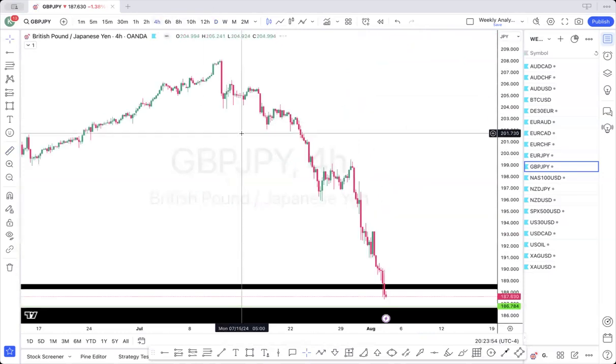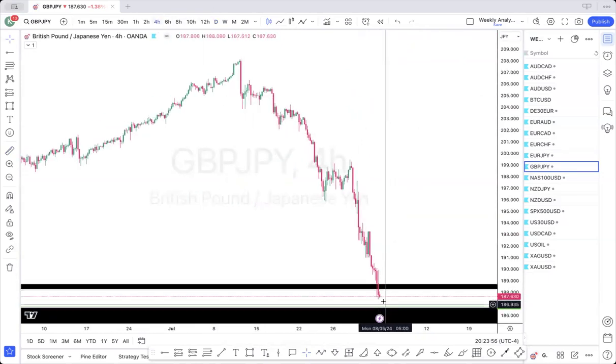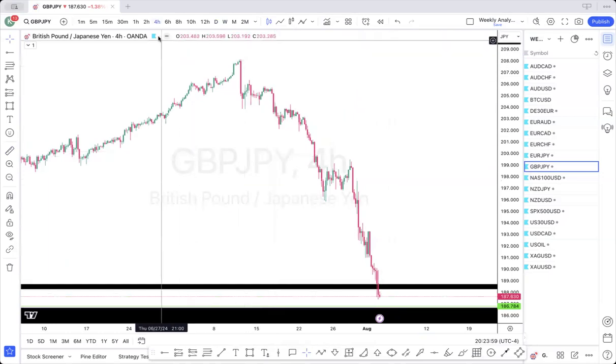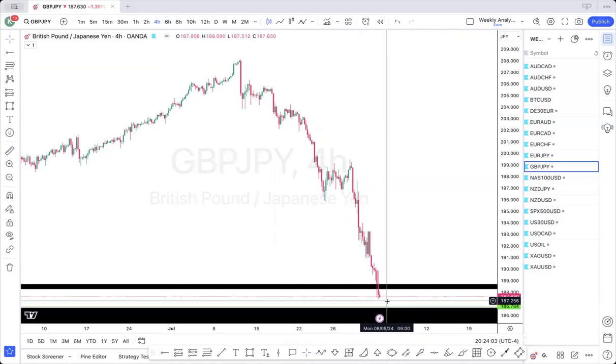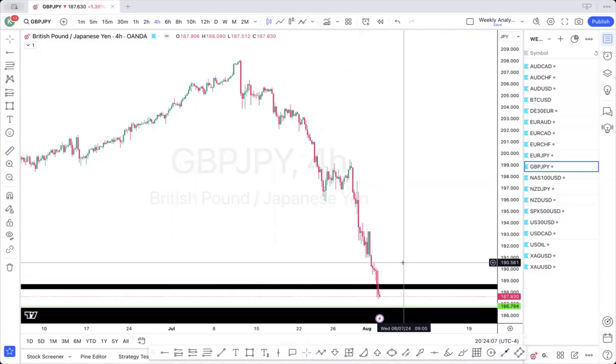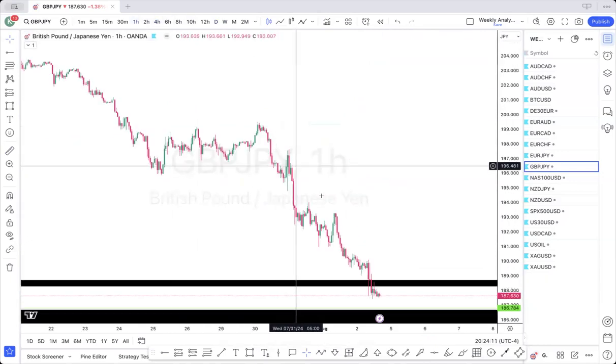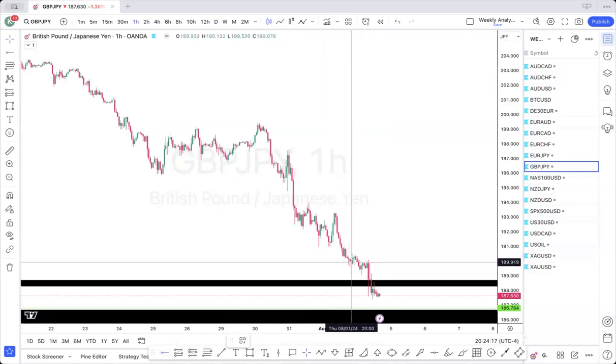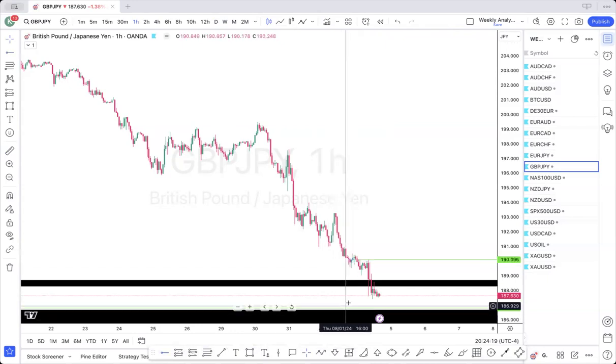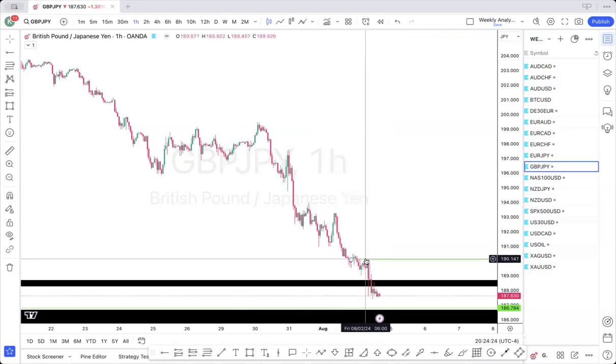If I go to the 4 hour, price is still falling. But my guess is that price will likely start buying from this zone this week. Based on the 1 hour, that's currently the swing high.